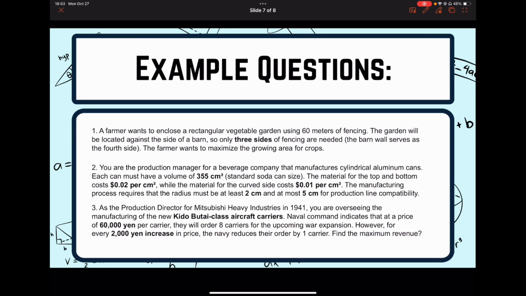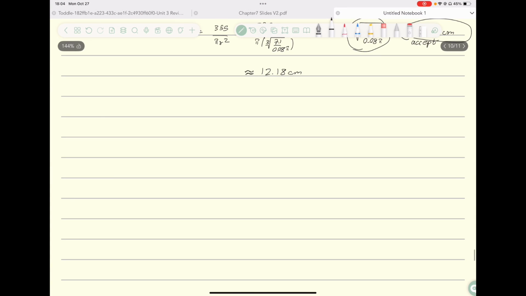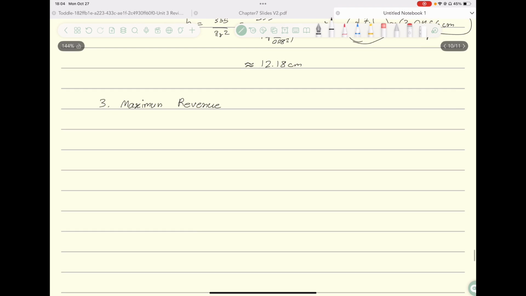However, for every 2,000 yen increase in price, the Navy reduces their order by 1 carrier. So find the maximum revenue. We want to find the maximum revenue for this one.